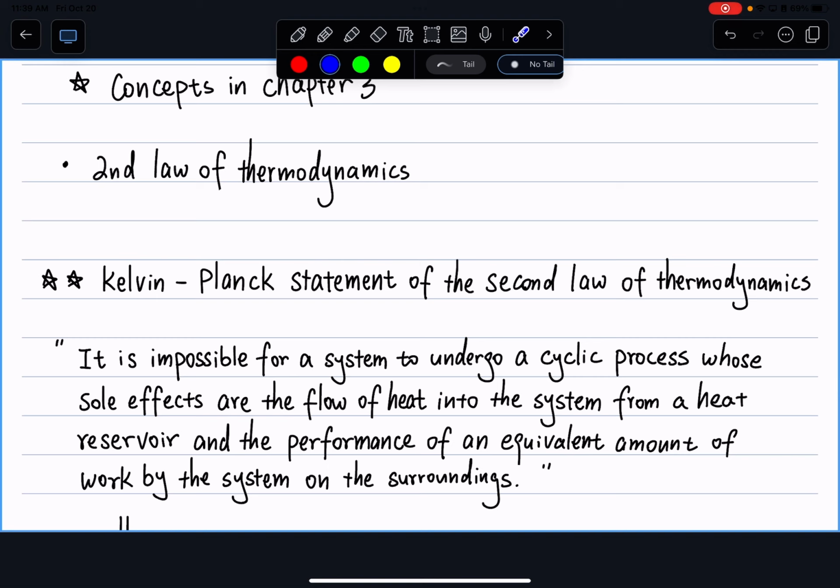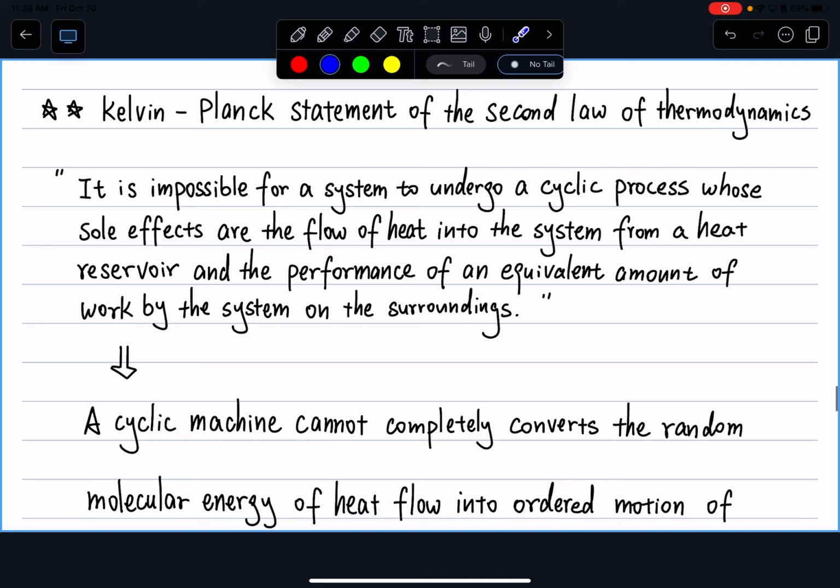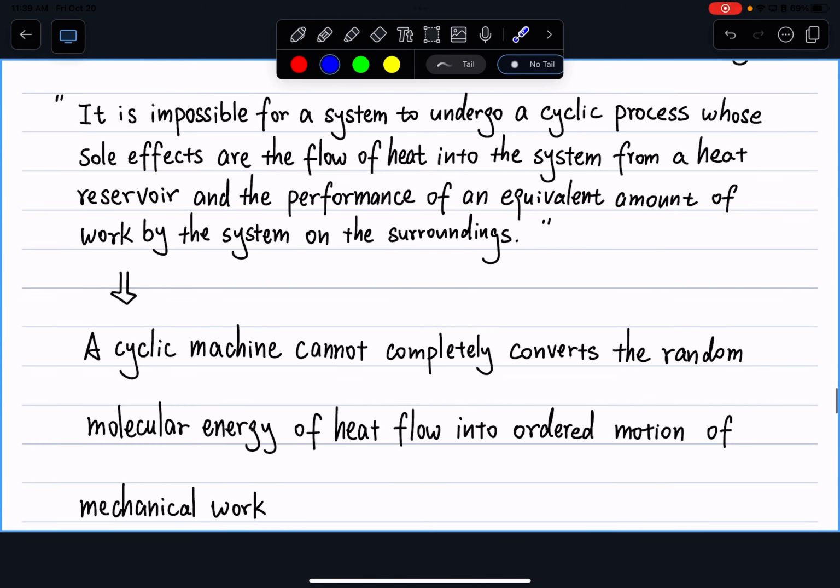We start with the long definition for the second law of thermodynamics. That's the Kelvin-Planck statement of the second law of thermodynamics. Just read it and try to link it with some of the heat engines we talked about, so you know what the second law is talking about.